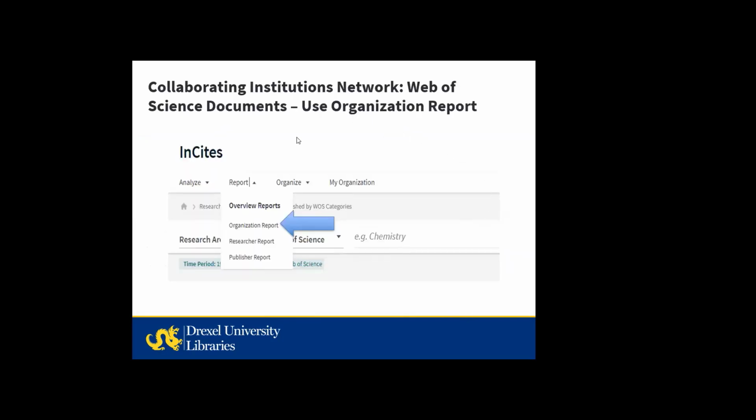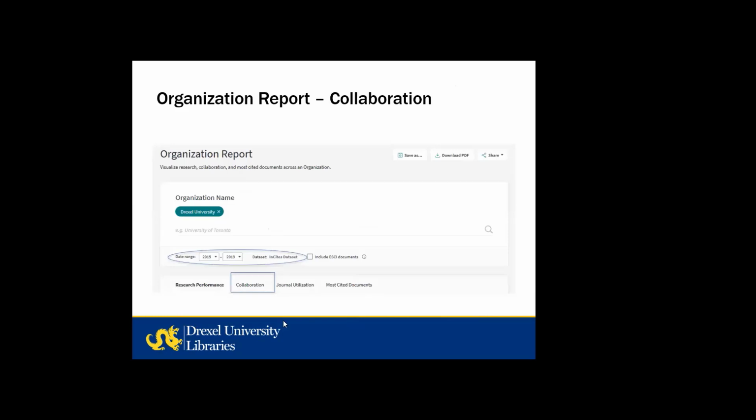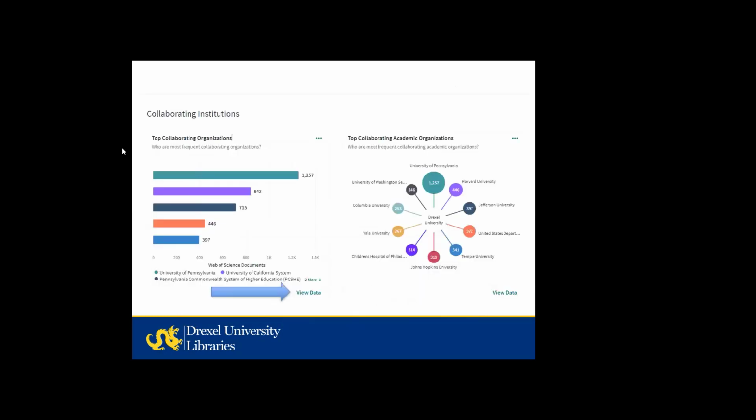I can also see the collaboration network, Web of Science documents using the organization report. You can go to the organization report this time, and collaboration you can see, and you can see the top collaborating organizations. So Drexel collaborating with University of Pennsylvania, Harvard, Jefferson, and so on.